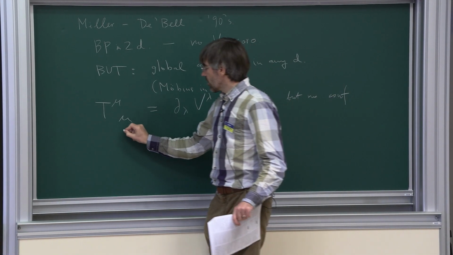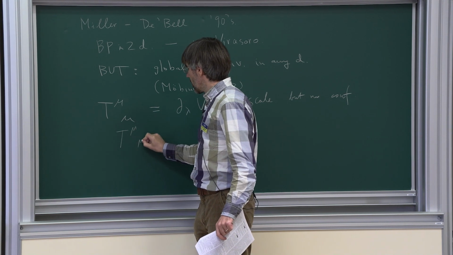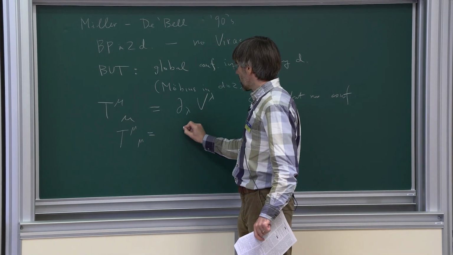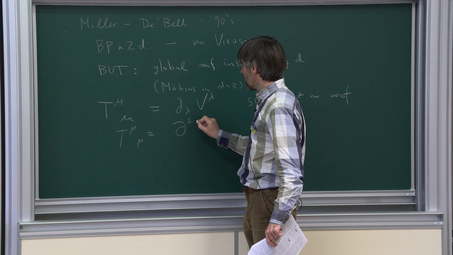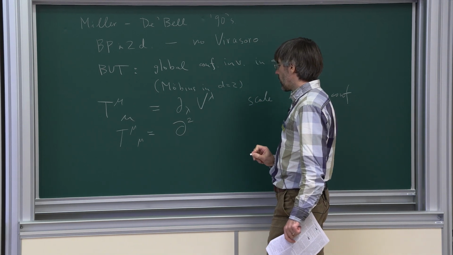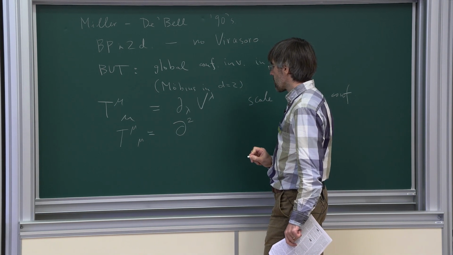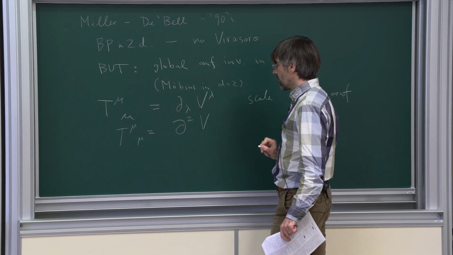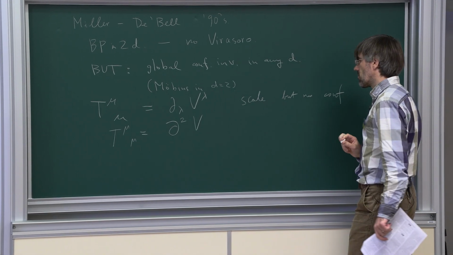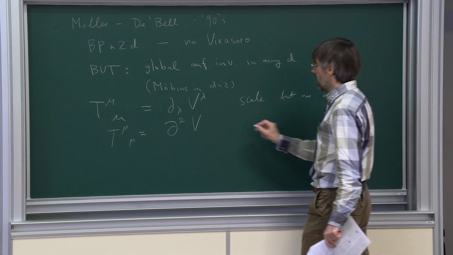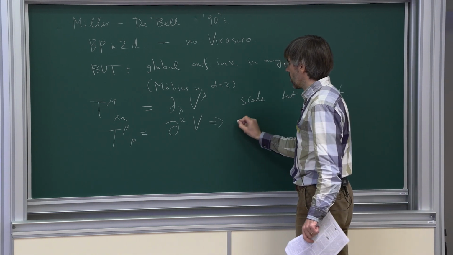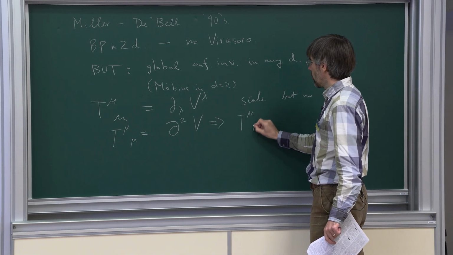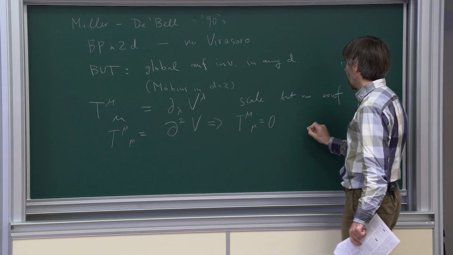If the trace is equal to the box of a scalar, then in this case you can improve the stress tensor and you can get that the trace is 0, and in that case you get Virasoro.